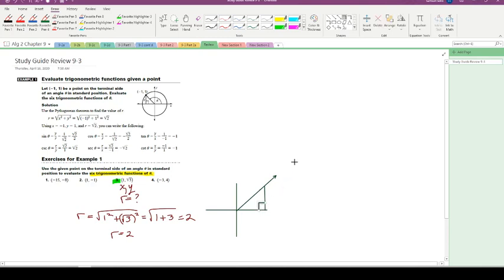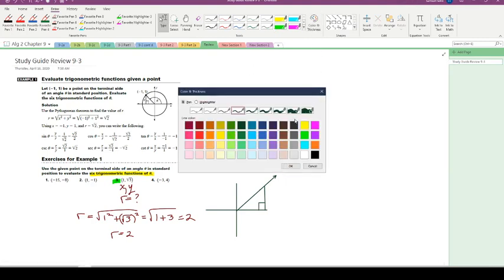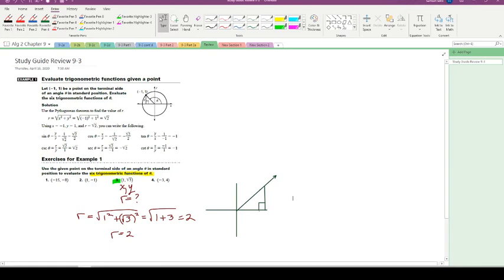So what do we have? Let's write the information that we have so far. This is a 1 because it says x is 1. The square root of 3 is right here. And this one is, of course, r, which is the radius, which is 2.